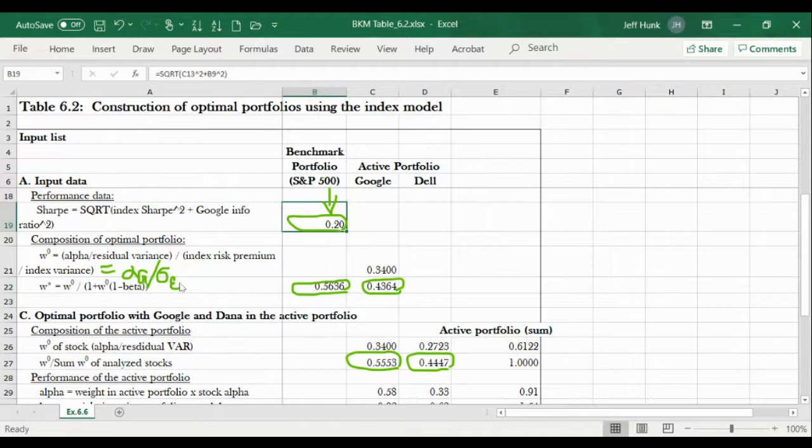This is Google's error, right? Squared. Then index risk premium, right?